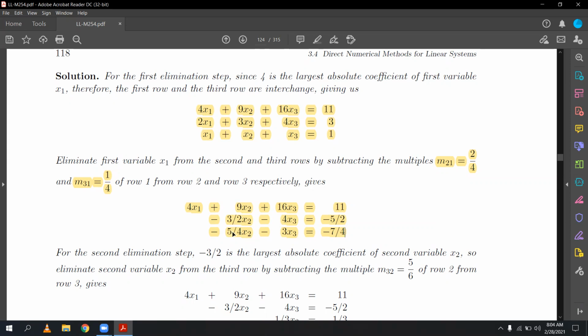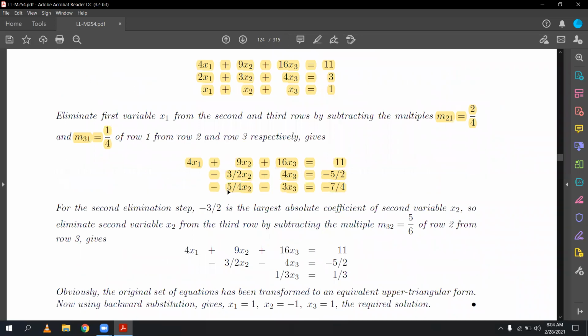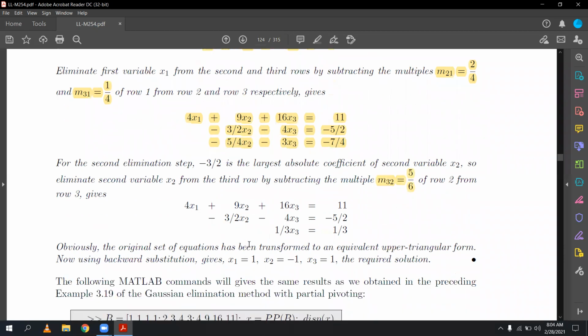If the maximum were the other one, then we would interchange, because our diagonal element must be the maximum. So we make this one equal to 0 by defining M32, multiplying the second row by 5 by 6 and subtracting here, and you will get this upper triangle system which we need.